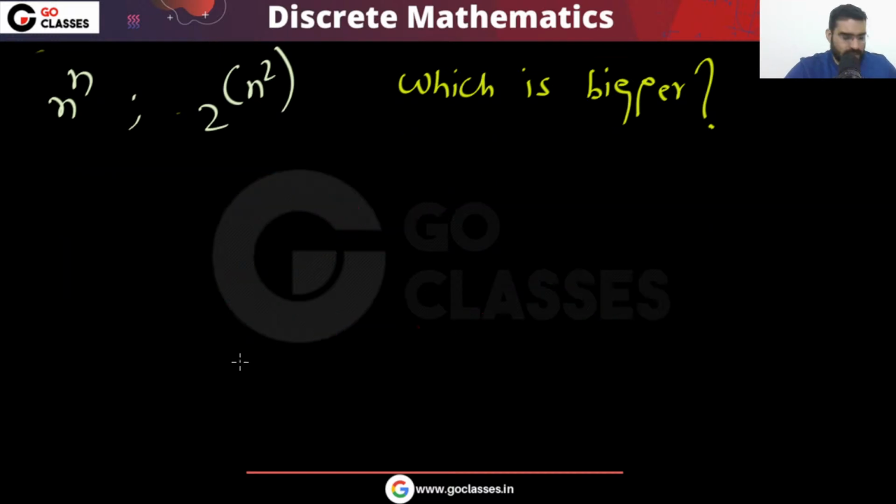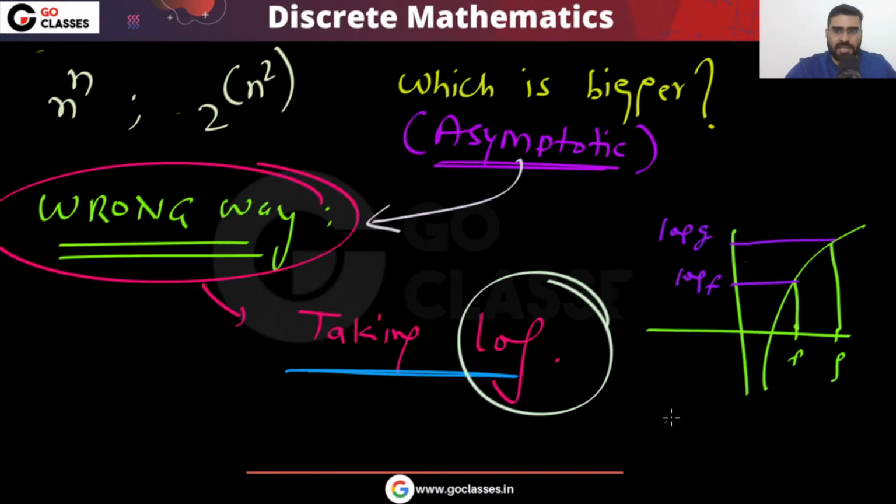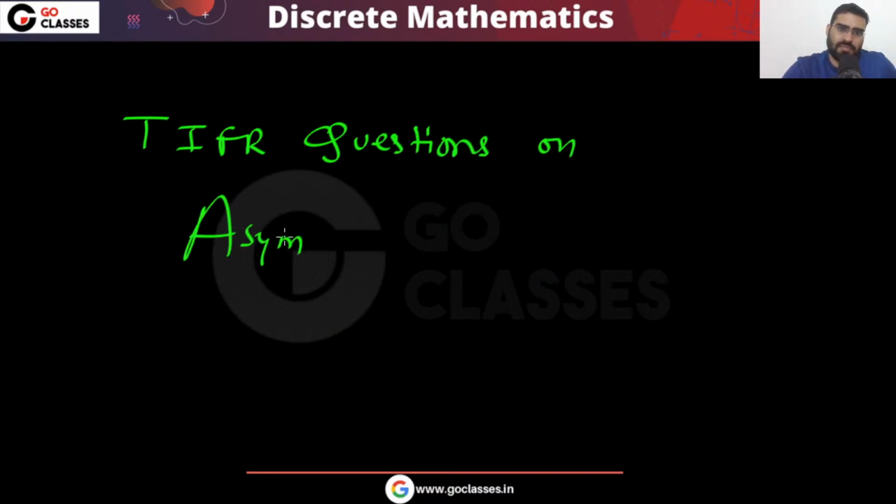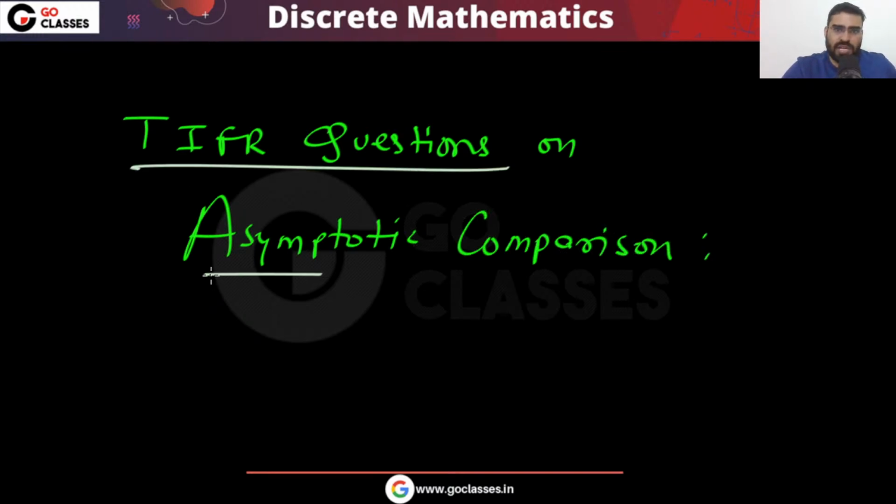So what is the correct way? Let me tell you. There are many TIFR questions on asymptotic comparison.